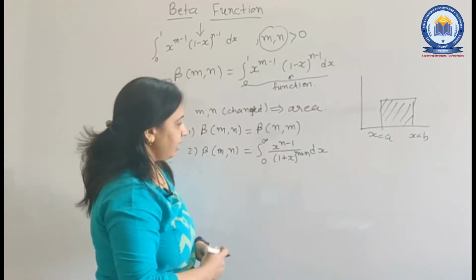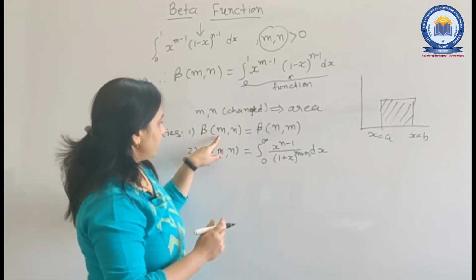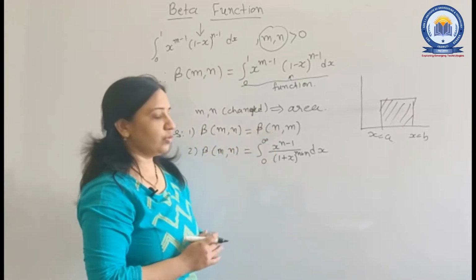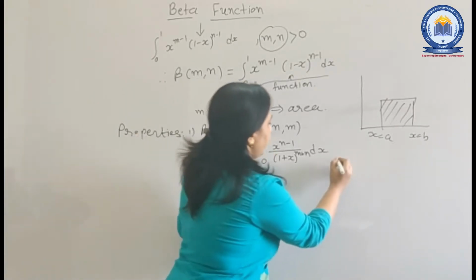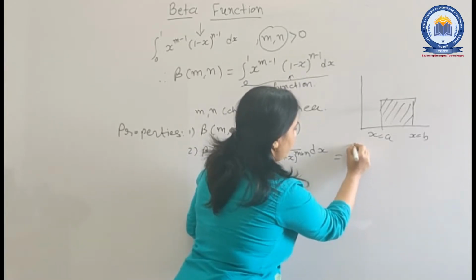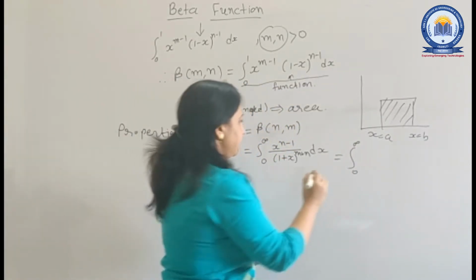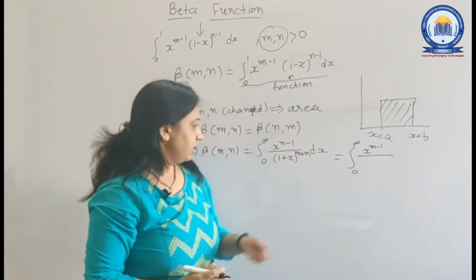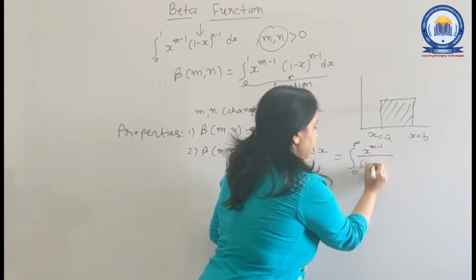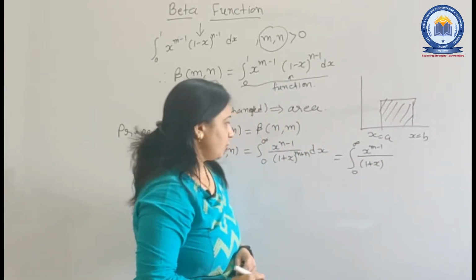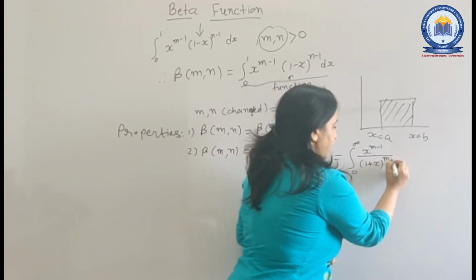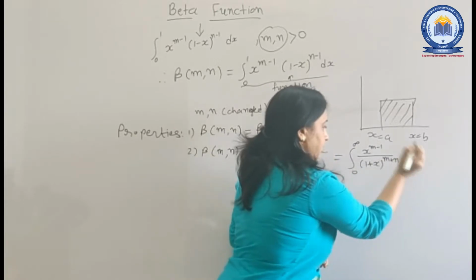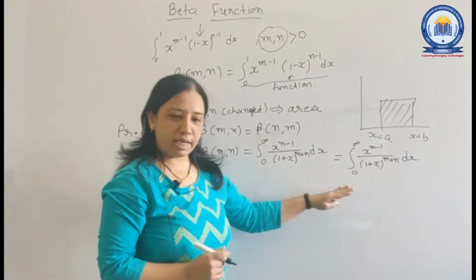Now the same thing can be represented, as per the first property where m can be replaced with n, as integration 0 to infinity x raised to m minus 1 upon 1 plus x raised to m plus n dx. So this is the second property.